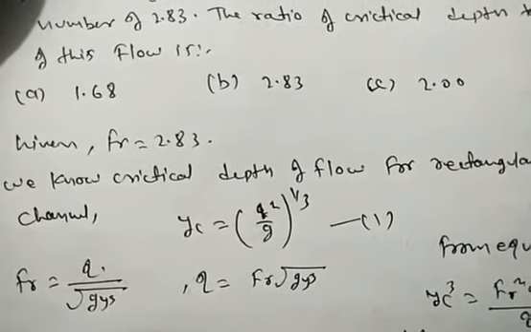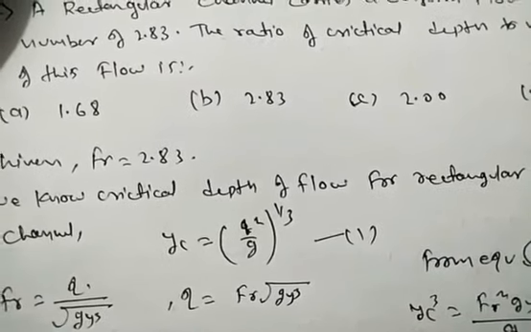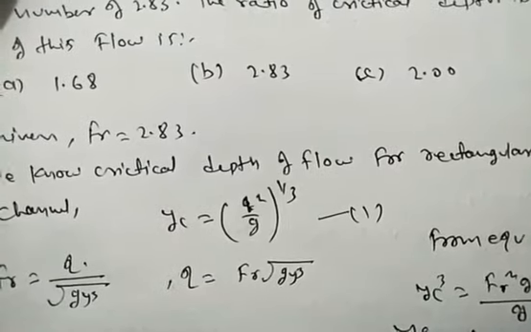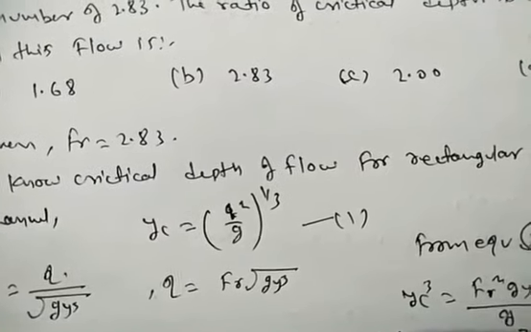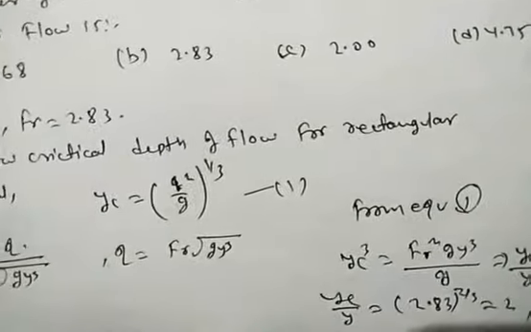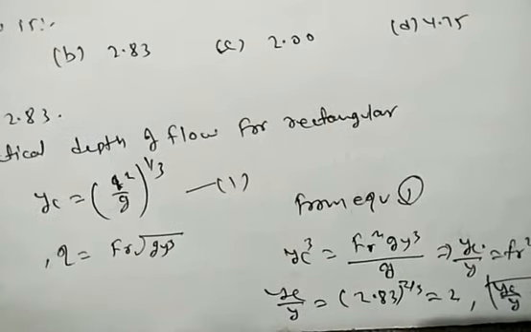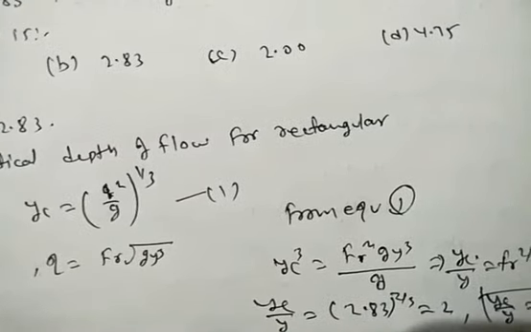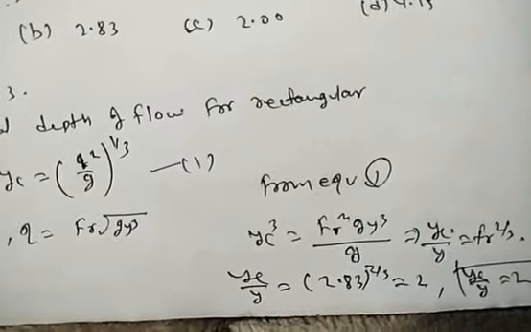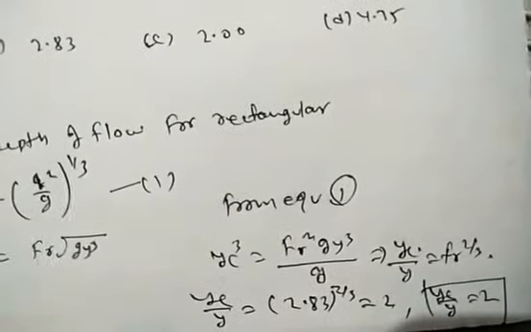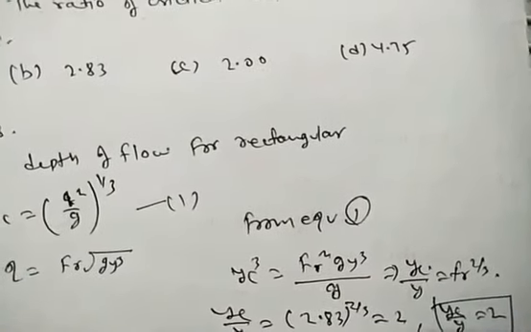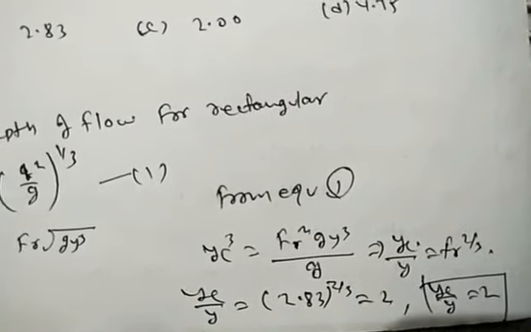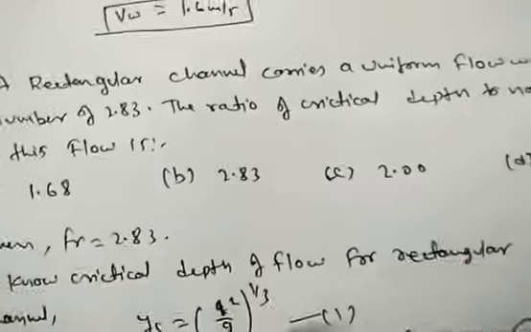Froude number F equal to q by under root g y cubed. From the equation, y critical equals Froude number square into the normal depth, so critical depth upon normal depth equal to Froude number to the power 2 by 3. Solving this question, the final answer is critical depth upon normal depth equal to 2. Option C is correct.